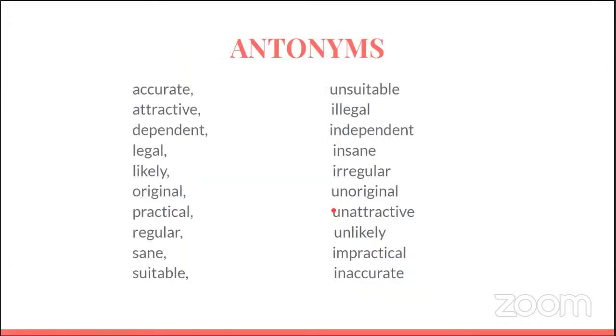And well, in this model, we are going to be basically talking first about vocabulary, and we are going to review antonyms. Well, here we have a list of them. Let's begin reading the first one: accurate, attractive, dependent, legal, likely, original, practical, regular, sane, suitable.